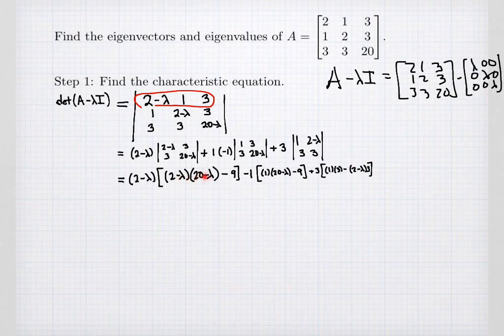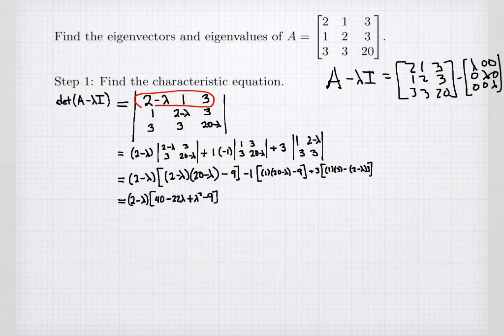Now what I need to do is expand all these terms and multiply it out. So for example, let's just get started here. I'm going to have 2 minus lambda, and then I have 2 times 20 gives me 40, and then 2 times minus lambda, that's negative 2 lambda, negative 20 lambda, and finally plus lambda squared minus 9.